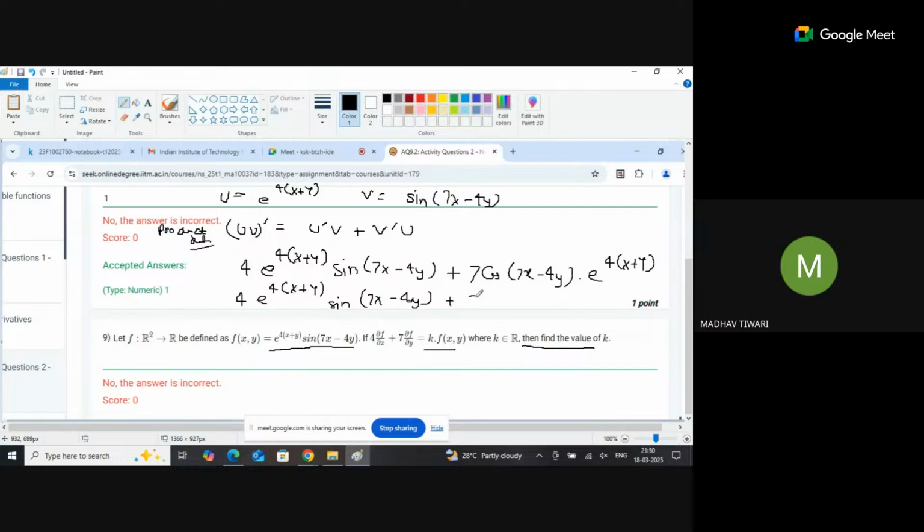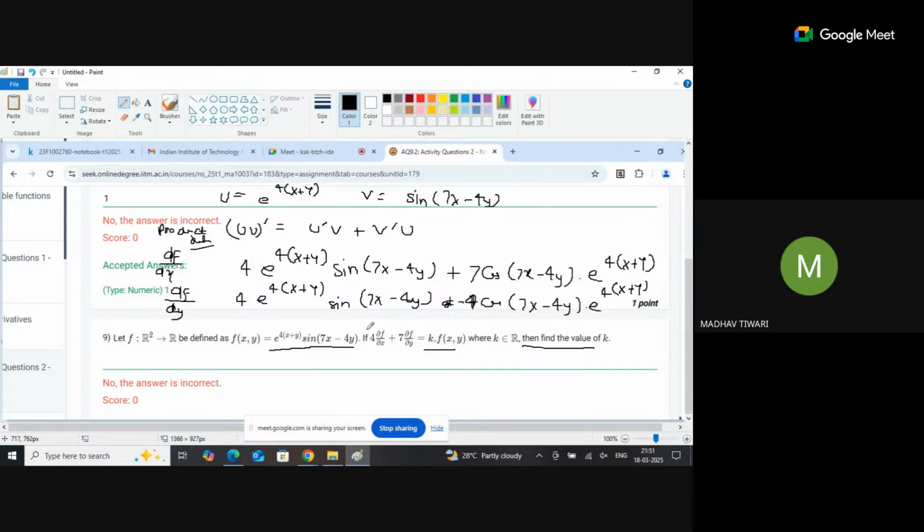And then plus, sorry, minus 4 times cos of 7x minus 4y dot e raised to the power 4x plus y. So this is derivative with respect to x, and this is derivative with respect to y.